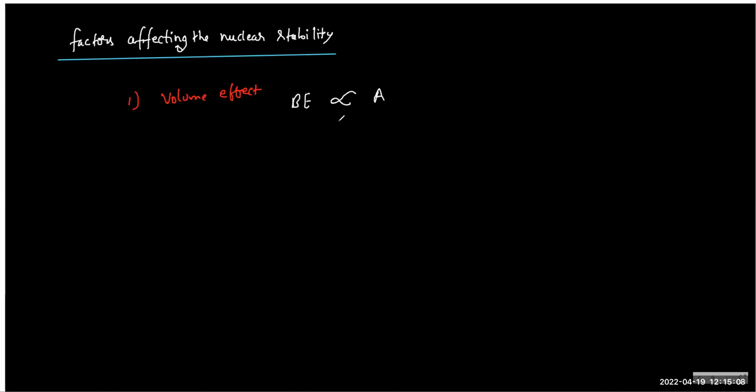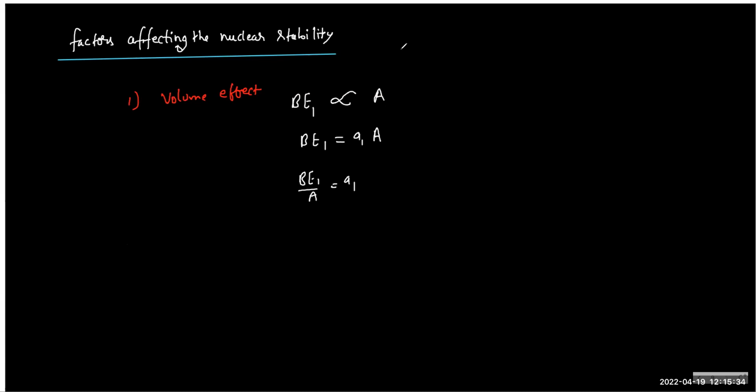That is for sure. So the first factor, the volume factor, depends on the number of nucleons, and we can attach some constant to it. Therefore, the binding energy per nucleon due to the volume effect is a constant value, and you can write something like this.